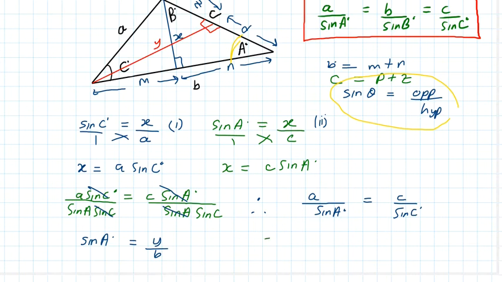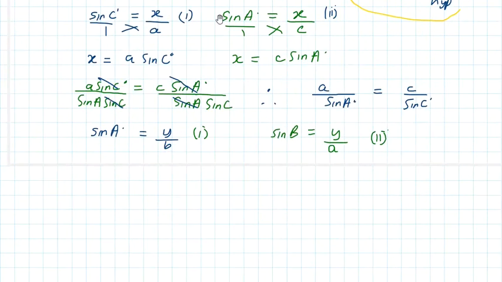So we can say sine B is equal to y as well, but over a different hypotenuse, which is a. So we have equation 1 and equation 2 as well. What we do is what we did previously: we have to find what's common between those two equations, and then equate each term to the other.